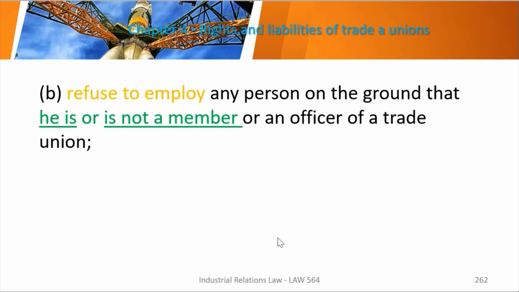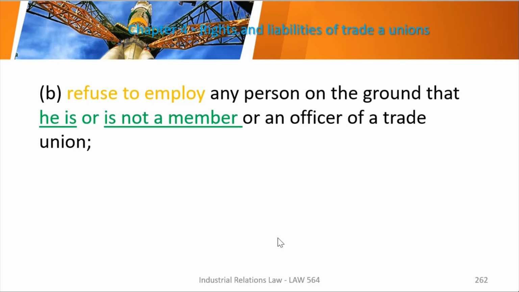B. Either to refuse to employ any person on the ground that he is or he is not a member or an officer of the trade union. So that is also a condition that is prevented by the law, for the employer to refuse to employ any person based on whether he used to be a trade union member, or maybe he is or is not a trade union member or an officer of a certain kind.